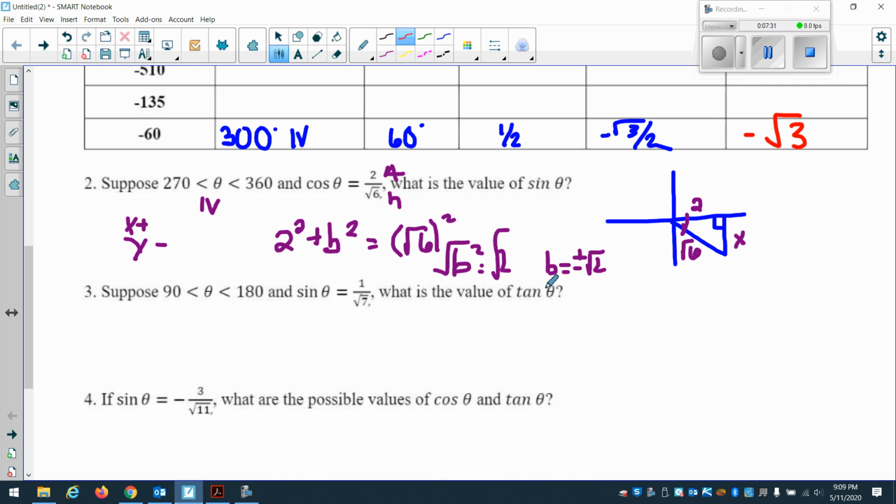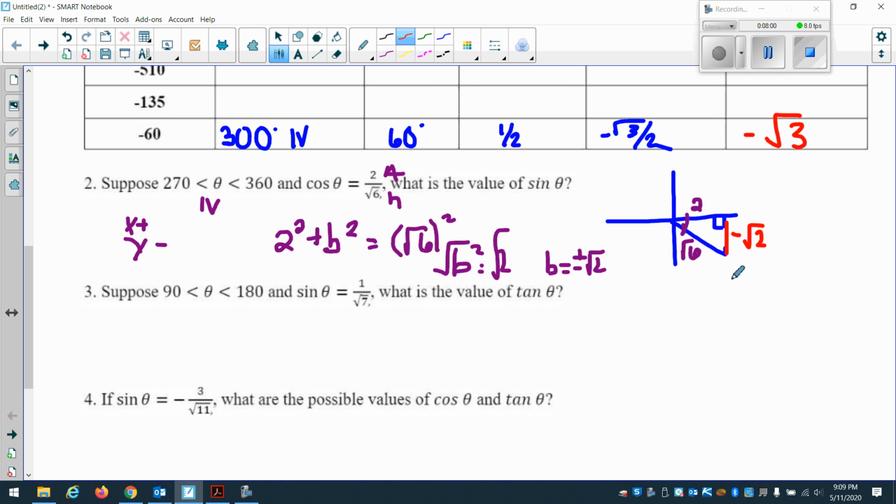Now, it's plus or minus because we took the square root, so those are the possible values of your missing side length. However, we're in quadrant 4, so is this missing side length going to be positive or negative? Well, in quadrant 4, we're going to have negative root 2 for that side length.